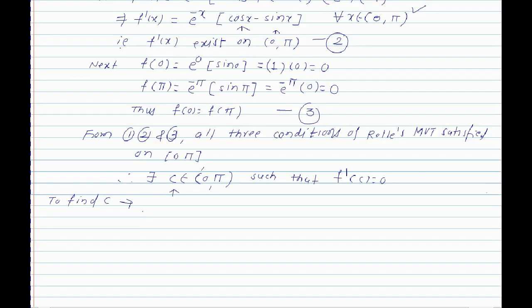Now from equation 2, f dash x is e to the power minus x into cos x minus sin x.